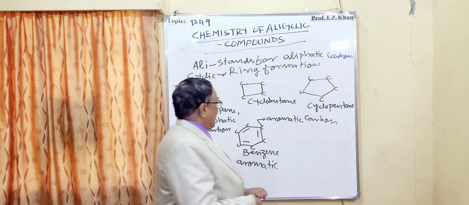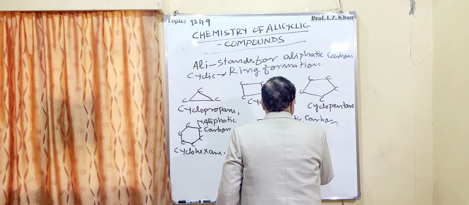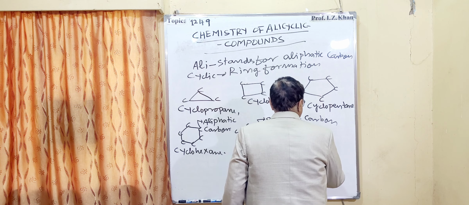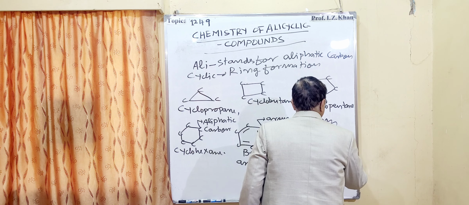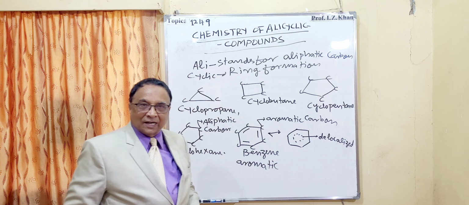So it shows that these pi electrons here in the case of aromatic, they are not in the form of double bond, rather they are delocalized. And where delocalization will take place?